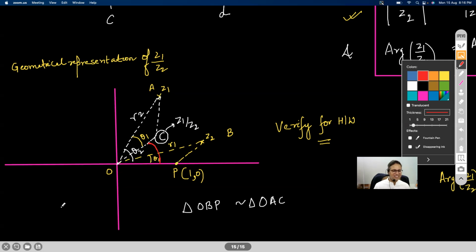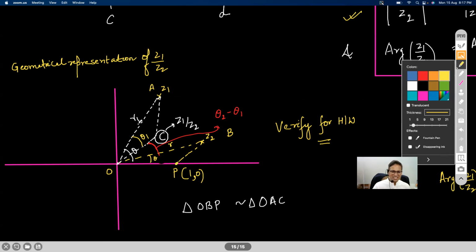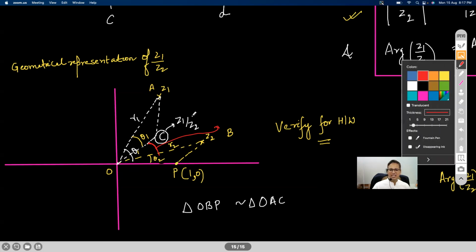Isn't that red angle theta2 minus theta1? Let me name this as R1 because that is Z1 actually, and this as theta1. Sorry for interchanging their subscripts. So I'll call this R1, this theta1, this R2 and this theta2. Now this angle will be theta1 minus theta2.